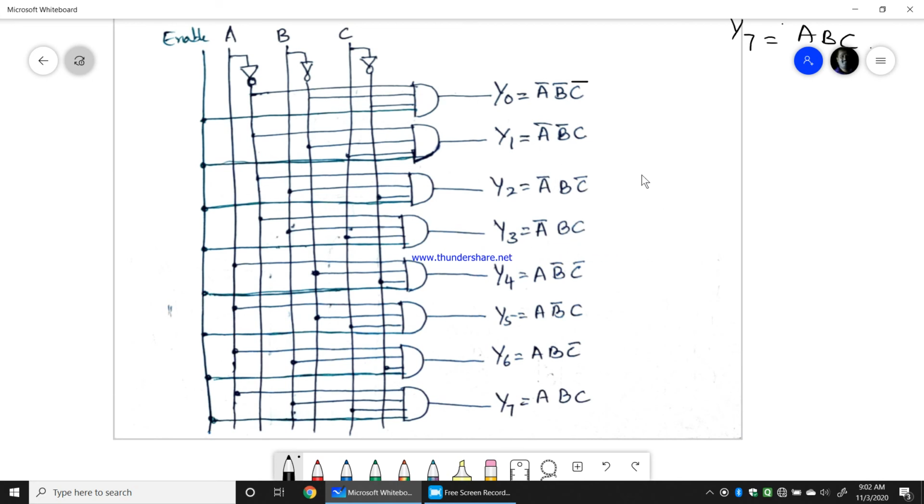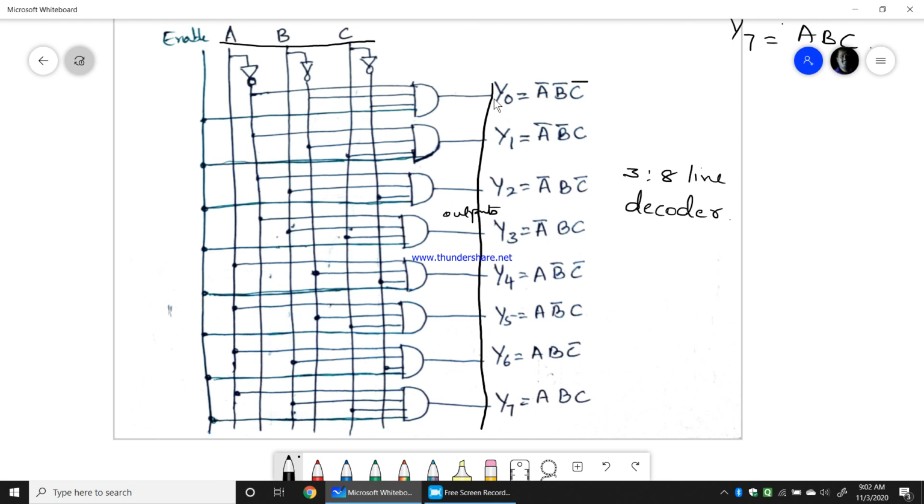Now this diagram is the 3:8 line decoder. A, B, C are the inputs, whereas y0, y1, y2, y3, y4, y5, y6, y7 are the outputs. Based on ABC, that output will be selected and others will be 0. So that is how it is.